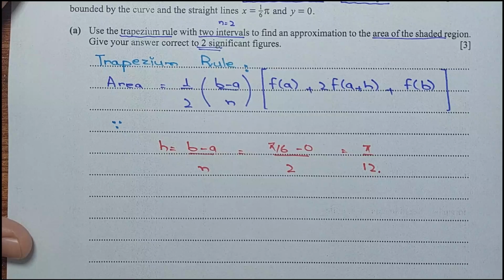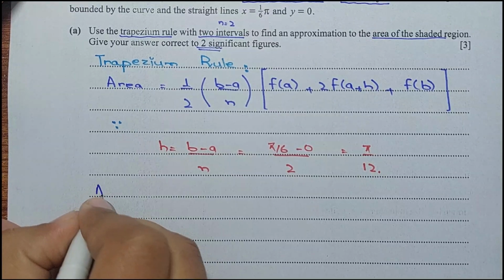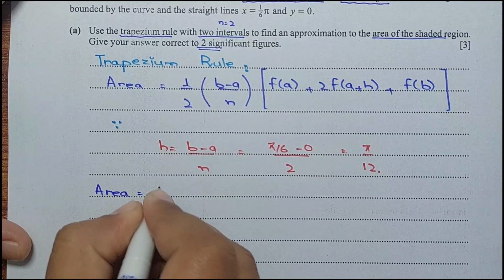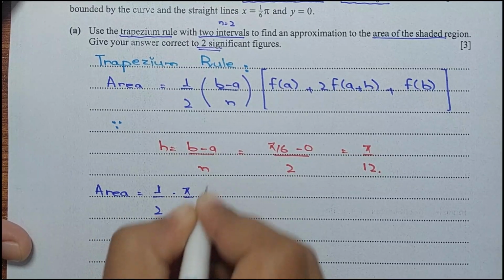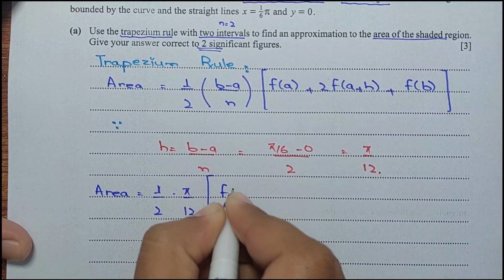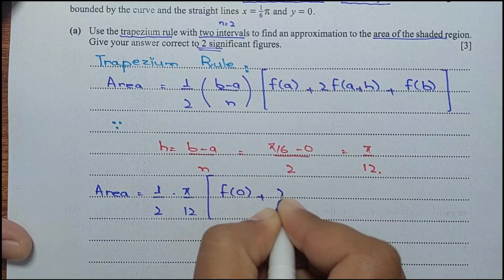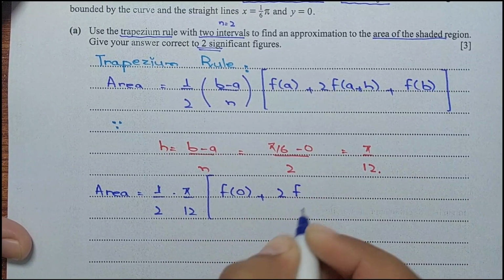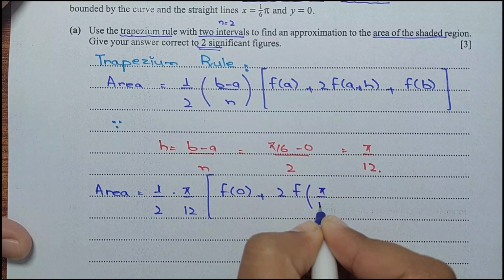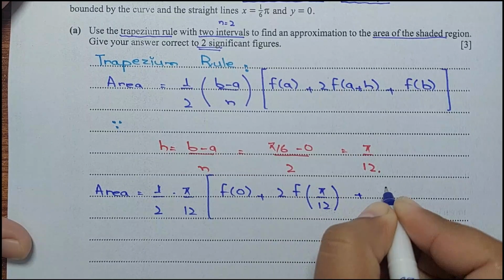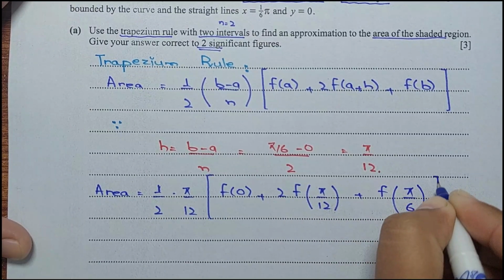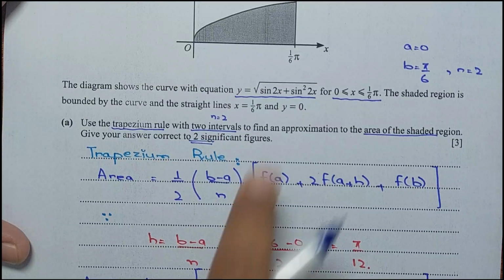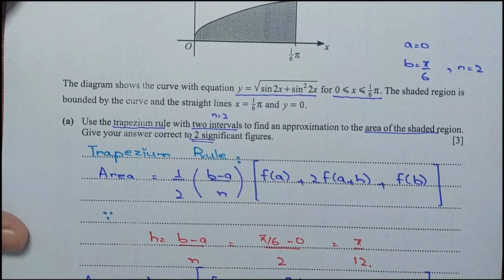Now the area is half the h value, which is pi by 12, into the function value at 0, plus 2 times the function value at 0 plus h, which is pi by 12, plus the function value at b, which is pi by 6. What is your function f of x? This is your function f of x.